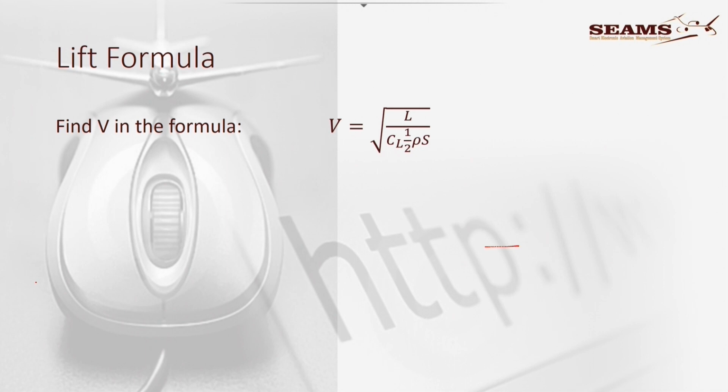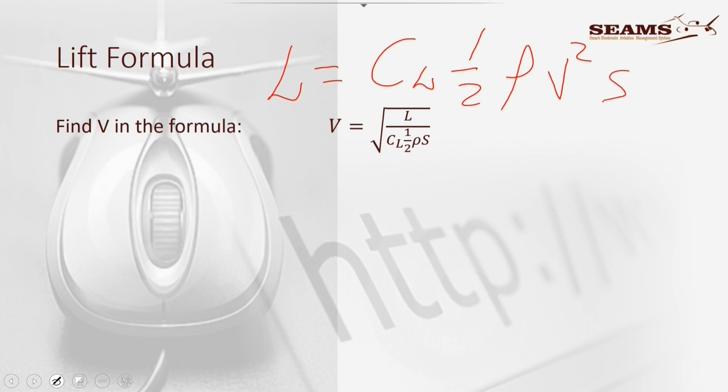The next step would be to find V in the formula. Remember, we had lift equals the coefficient of lift, half rho V squared S, and now you can see that it has just been rearranged.